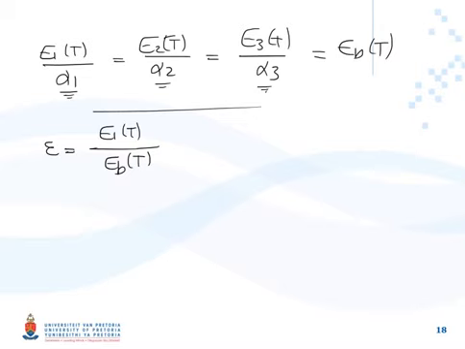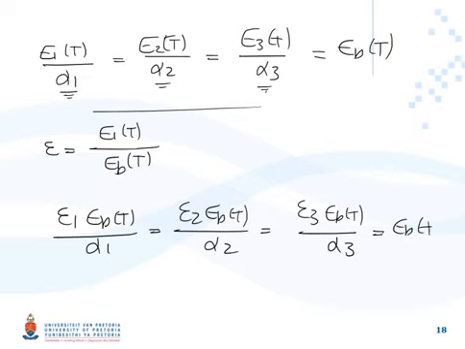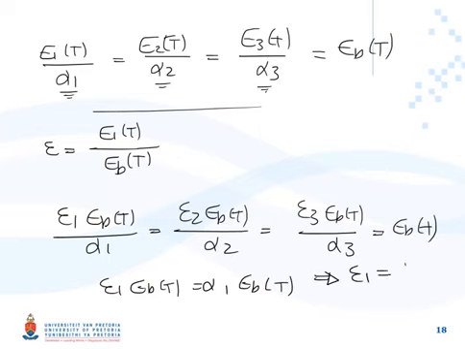So if we implement it, we will have epsilon 1 E_b(T) divided by alpha 1 is equal to epsilon 2 E_b(T) divided by alpha 2, is equal to epsilon 3 E_b(T) divided by alpha 3, is equal to E_b(T). So epsilon 1 E_b(T) is equal to alpha 1 E_b(T). Epsilon 1 is equal to alpha 1, epsilon 2 is equal to alpha 2, and epsilon 3 is equal to alpha 3.